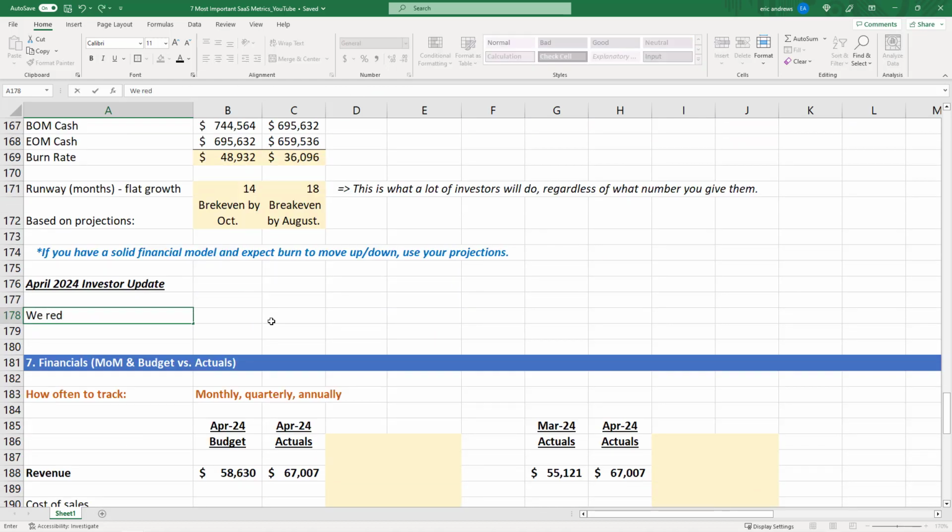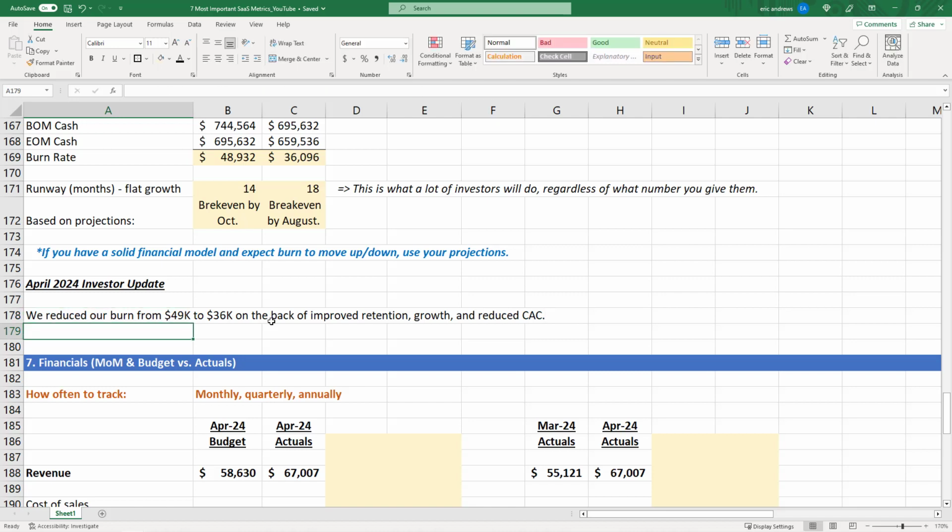Okay, so we reduced our burn from 49K to 36K on the back of improved retention, growth, and reduced CAC. And based on our forecasts, we expect to hit cash flow break even by August.